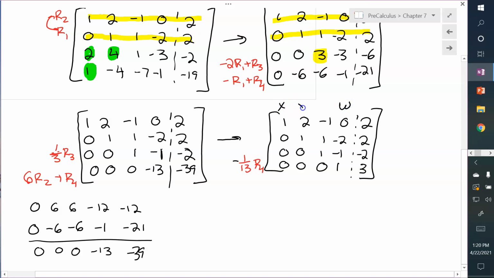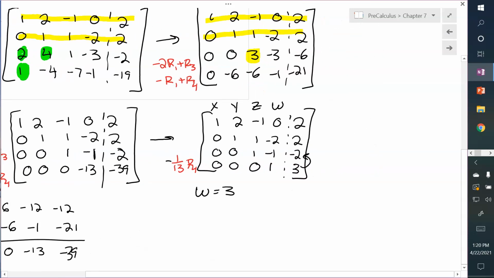So this was X, this was Y, this was Z, and that was W. So I now know W equals 3, because the coefficient in front is a 1. Backwards substitute in here, and I get Z minus W equals -2. So Z minus 3 equals -2. Z equals 1.